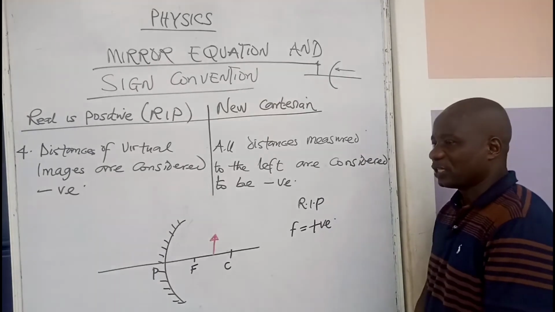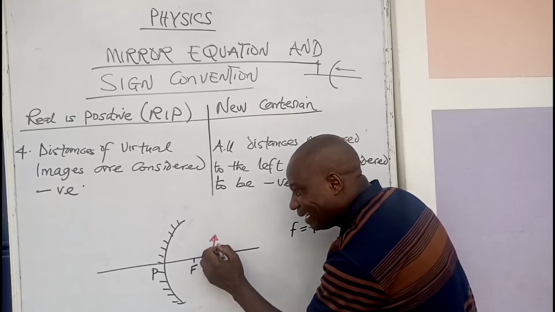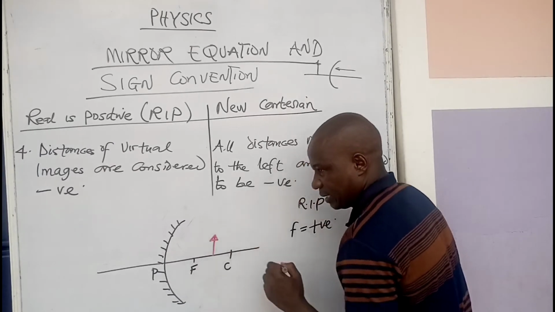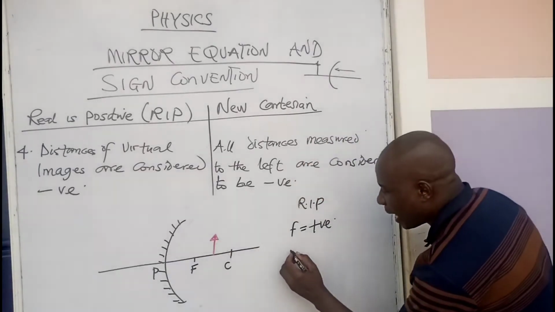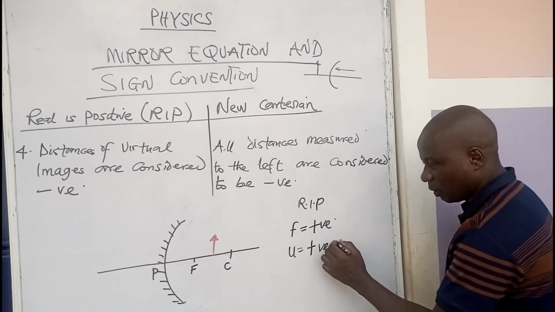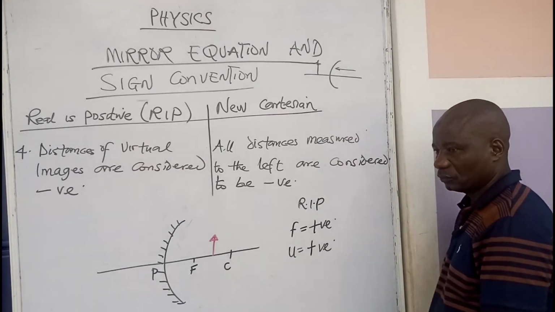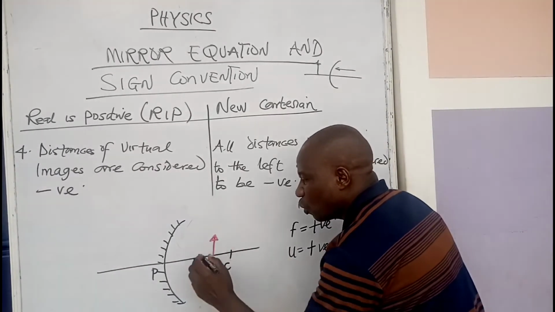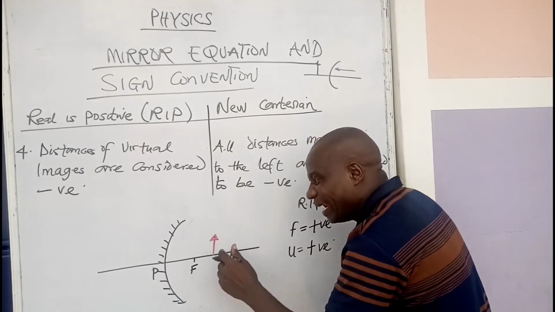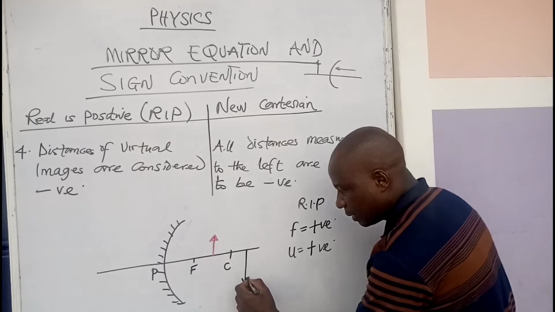Now, let's go to the next one. This one is a real object. So my U is going to be positive, because it's a real object. Now, this one too is going to form a real image. My image will be somewhere here.